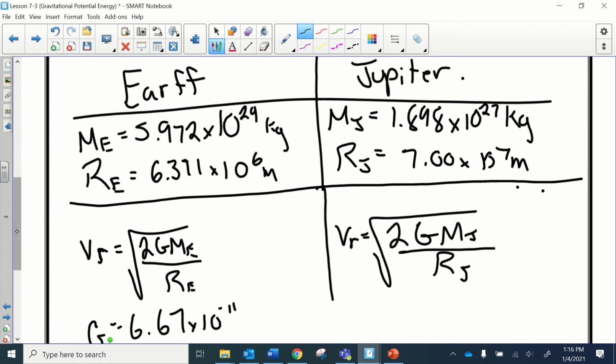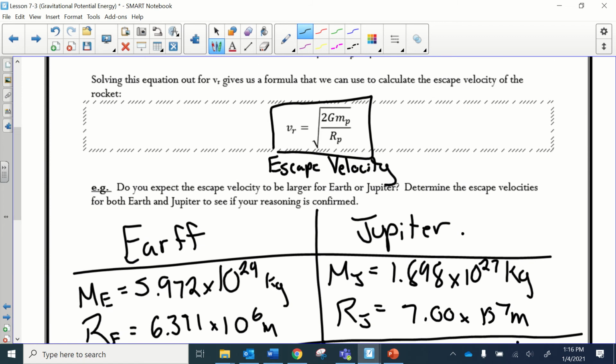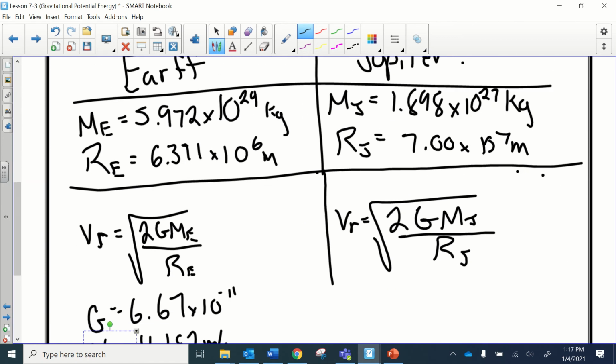One question you might be asking is, why do we call escape velocity v_r? I don't know. We use r just for the sake of it, it's a nice letter. 6.67 times 10 to the negative 11 times 1.898 times 10 to the 27 divided by 7 times 10 to the 7.